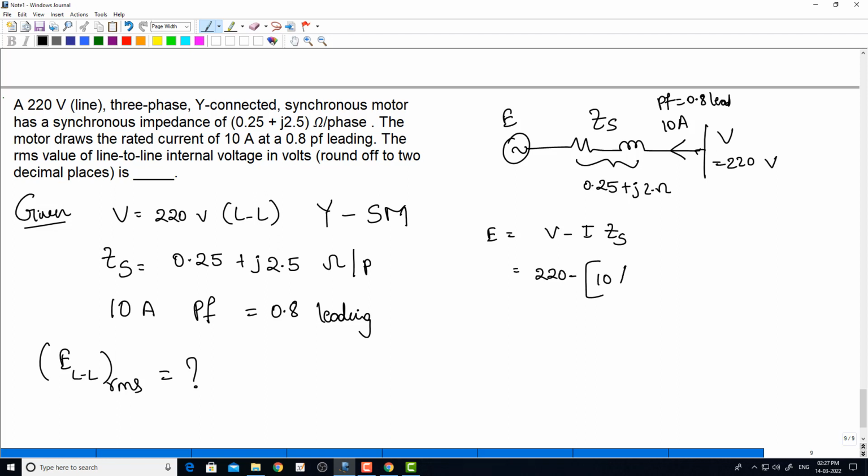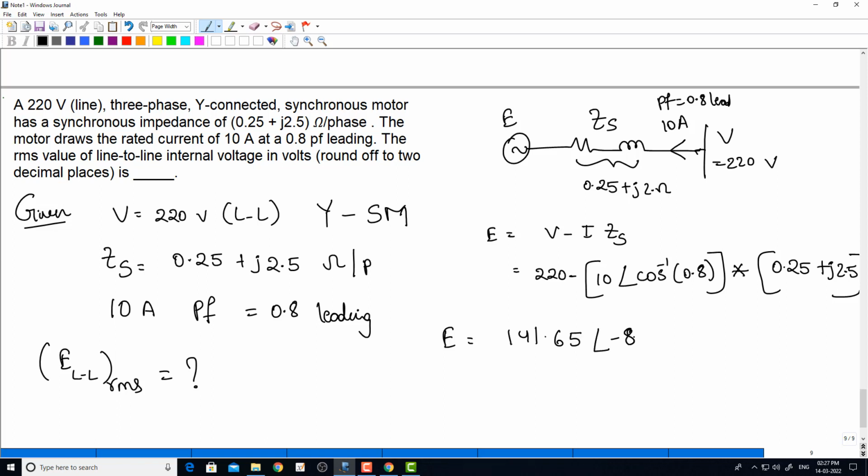So, 10 at an angle of cos inverse of 0.8, into ZS, which is 0.25 plus j 2.5 ohm. So, if we simplify this, we get E is equal to 141.65 at an angle of minus 8.736 volts per phase.